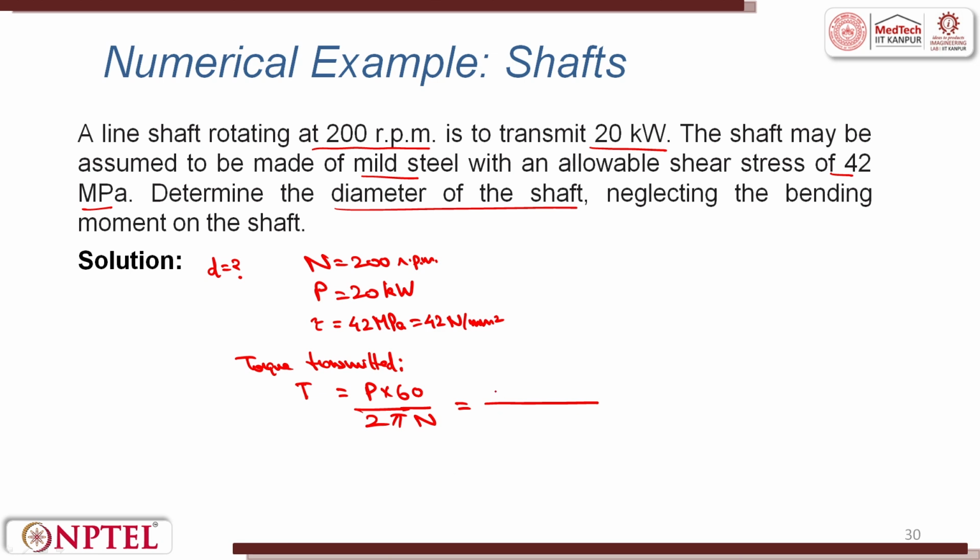So we will write P is equal to 20 kilowatts, it is 20 into 10 raised to power 3 watts.